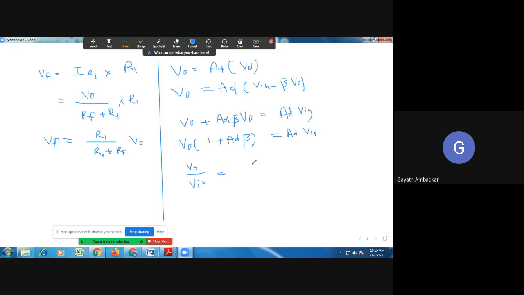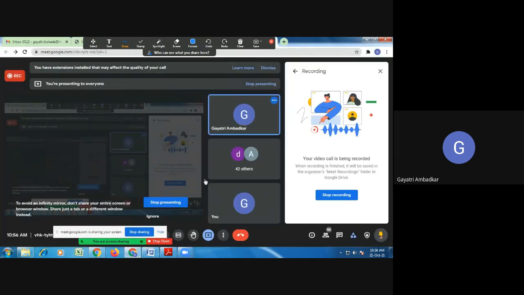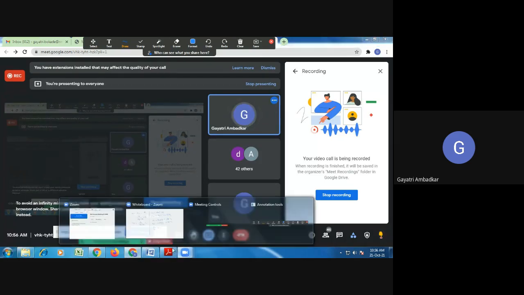One thing: AD is the closed loop gain. Differential gain means I have connected feedback, so it's a closed loop gain.